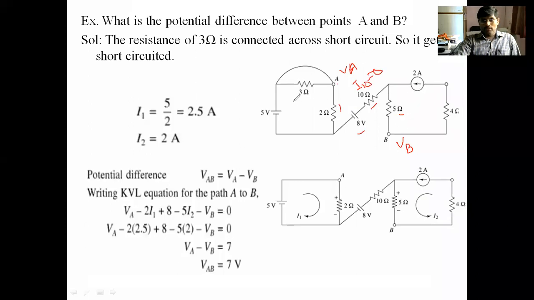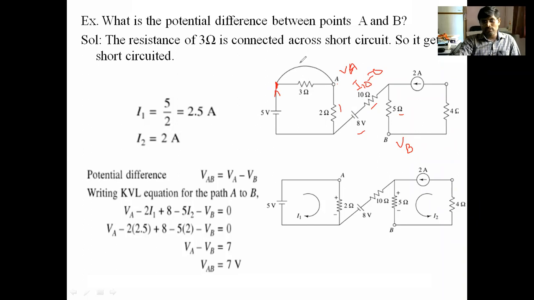Okay? And one more thing you need to remember is, here there is a 3 ohm resistor. It was short circuited. Because of the short circuit, the 3 ohm gets short circuited. Suppose all the electrons supplied by 5 volt source come to this point, and they have to reach this point A, and they need to identify the shortest resistance path.